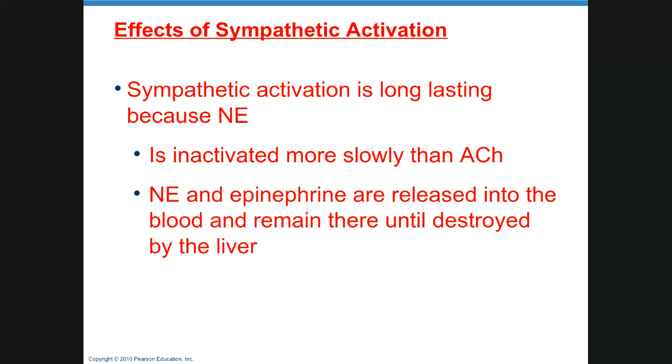So again, sympathetic activation is long-lasting because of norepinephrine. Norepinephrine and epinephrine are hormones released into the blood and remain there until destroyed by the liver, but are going to have to be released by the kidney, urinated out.